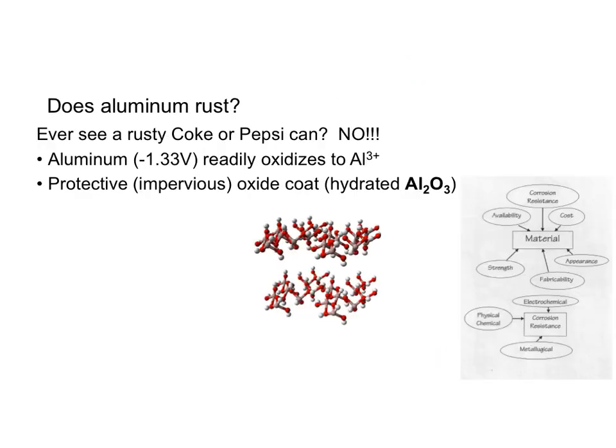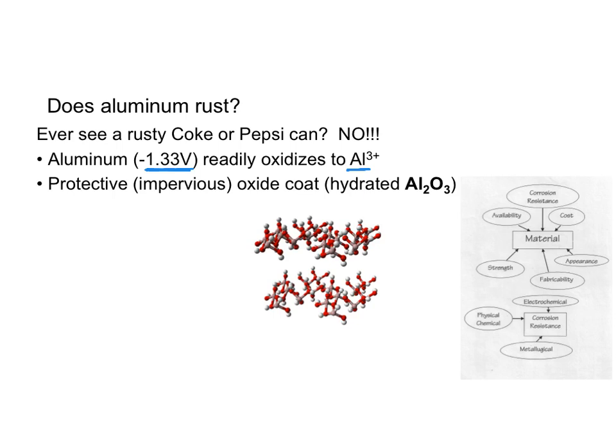Finally, why does aluminum not rust at all? And I write, did you ever see a rusty Coke or a Pepsi can? Absolutely not. Well, how do we explain that? Aluminum has an extremely negative reduction potential. It readily oxidizes to form Al3+.